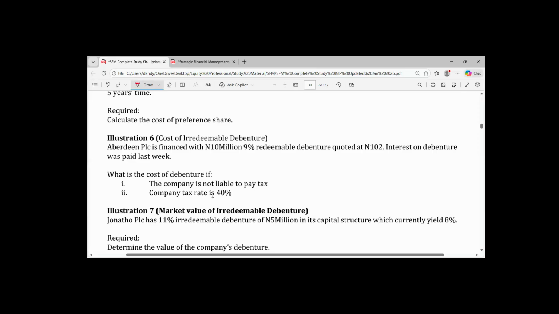Redeemable debt can be redeemed at par, premium, or at a discount. If it's at par, it means at 100 naira because debt is always quoted at 100 naira per unit. So at a premium means that it will be more than 100 naira. It could be 5%, for example, above 100 naira.